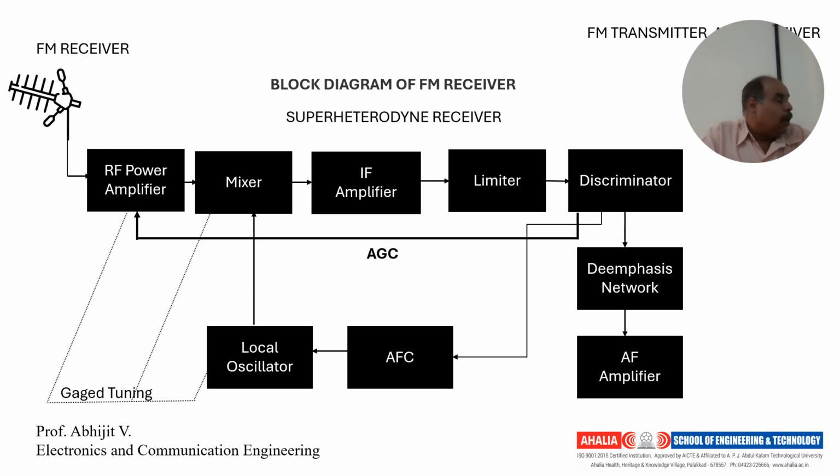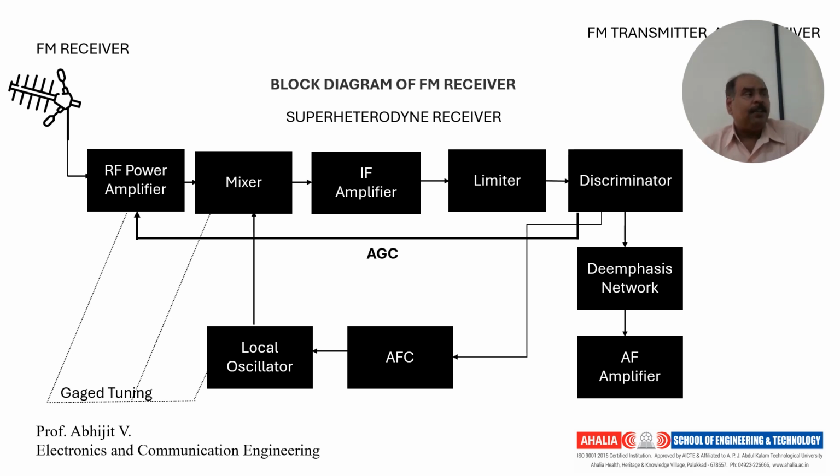So let us draw the block diagram of an FM receiver also. After this, I will give you a detailed explanation of how an FM signal is generated and received.